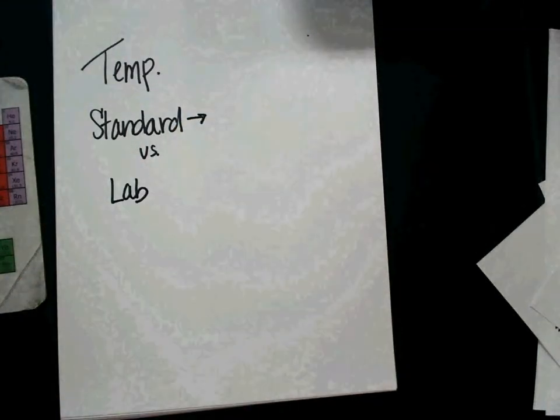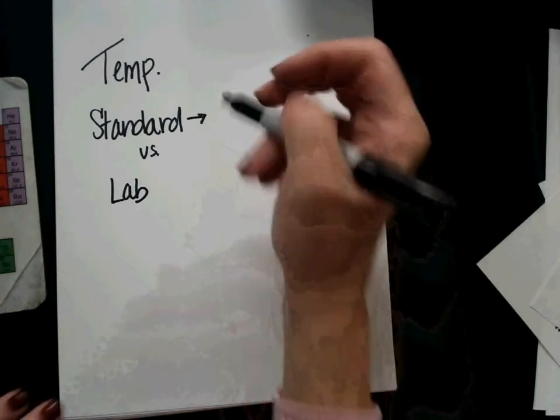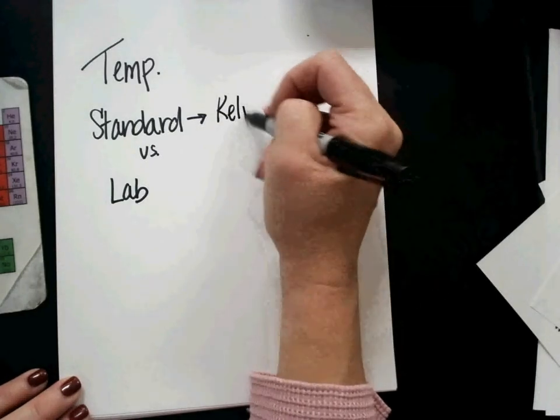Anybody know what the standard unit for temperature is? Fahrenheit? No, we don't use Fahrenheit in science, actually. It's what we use in the United States, so you're not completely wrong. But when we're talking about science, there are two temperatures that we work with. Give me one of them. Kelvin, that's my standard.